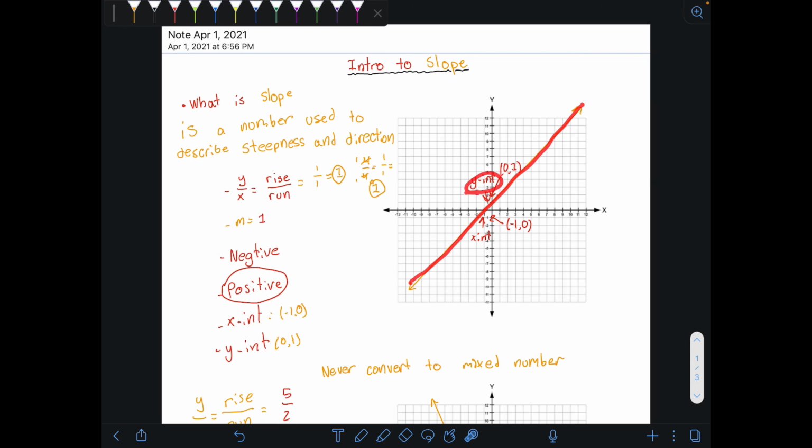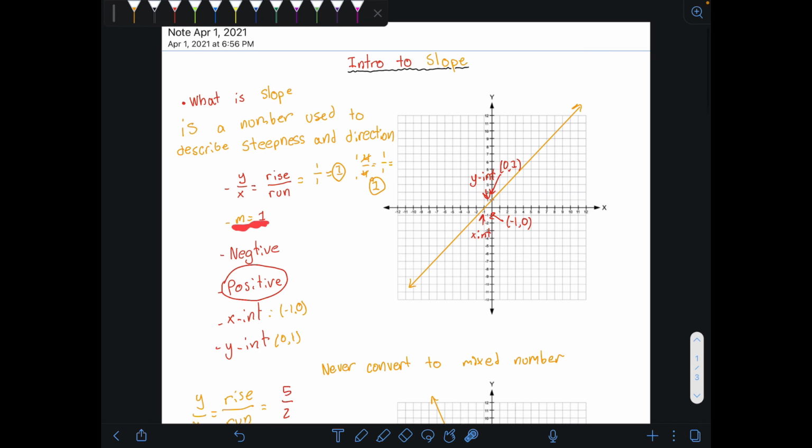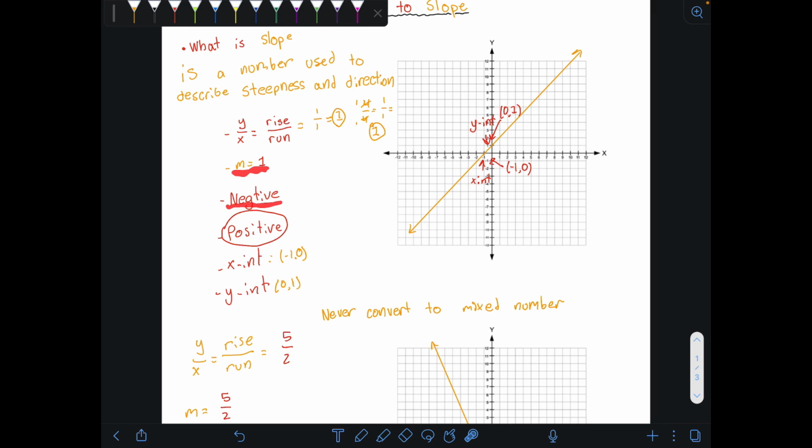So our y-intercept and x-intercept. So what you'll do is you'll find 2 points, and then count up the rise, count up the run. And always remember never to convert slope to a mixed number. You can simplify the fraction, but never convert it to a mixed number. Always write slope with m, because this will help you know what is negative slope or positive slope, a negative line or a positive line.